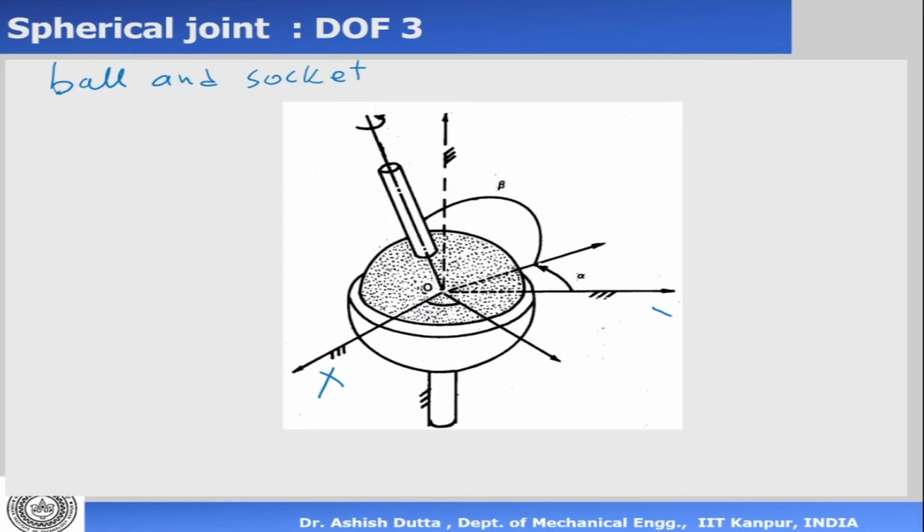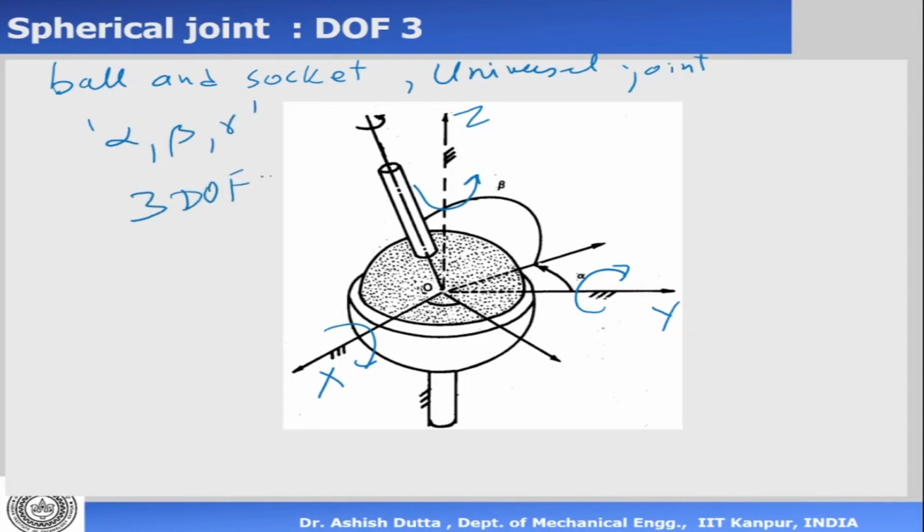Because it's a ball inside another spherical cavity, it can rotate about this axis, that axis, and this axis. It's a ball inside another ball. I'm sure you can visualize this. So this can rotate in any direction. Ball and socket joint, universal joint, they all mean the same thing. So what are the variables? It is alpha, beta, and gamma. How many degrees of freedom? 3 DOF.